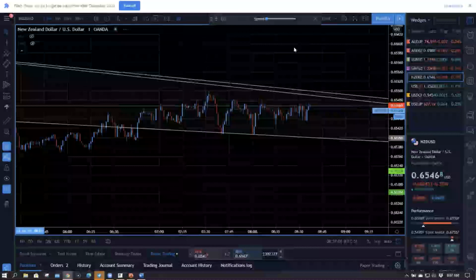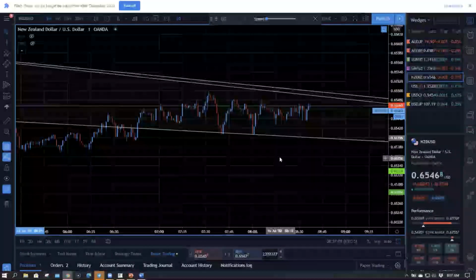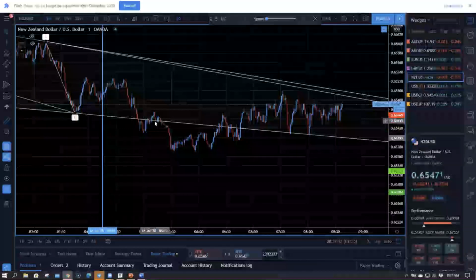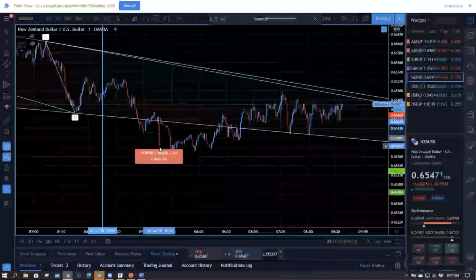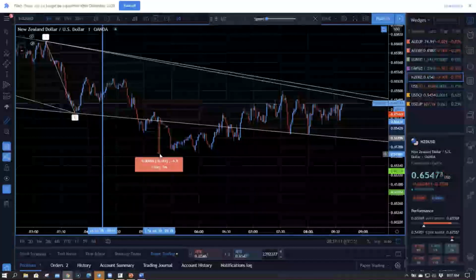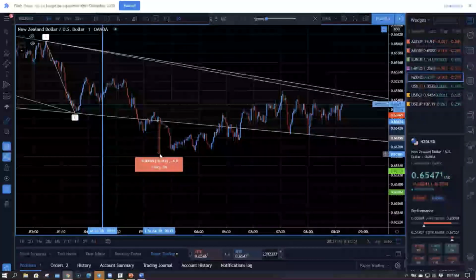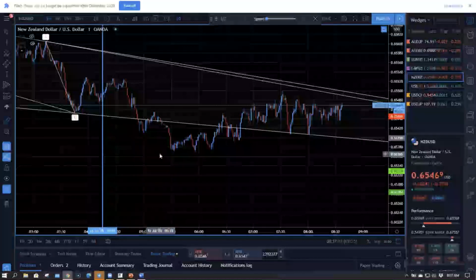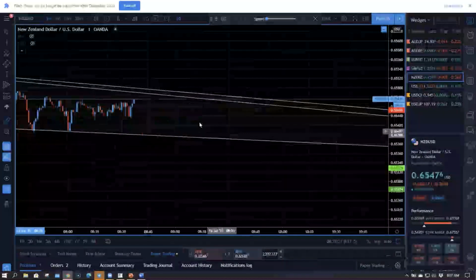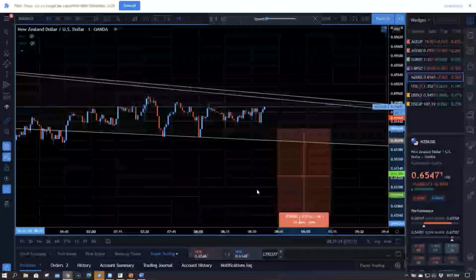This one is a whole lot prettier, so let's just say we would have got in here. We don't know. Let's just say we got in here. If you got a good spread, you would have made it. Most likely, I would have probably taken it out for a 5 pip if I didn't quite get it. But right now, we're waiting again, and not a bad time to do so.